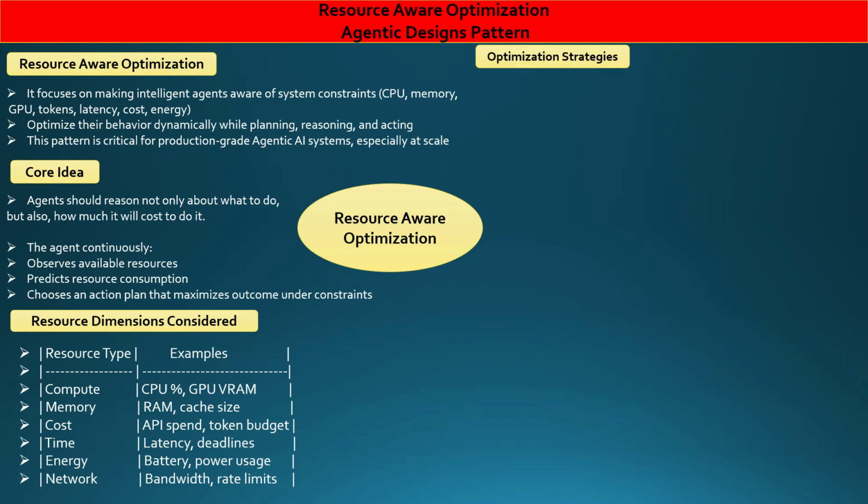Next are optimization strategies. In resource aware optimization, an agent does not blindly use the best or most powerful options. Instead, it adapts its strategy based on the available resources, constraints, and required quality. First, model selection: right model, right time.